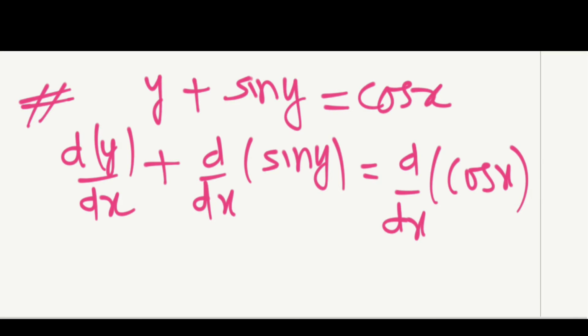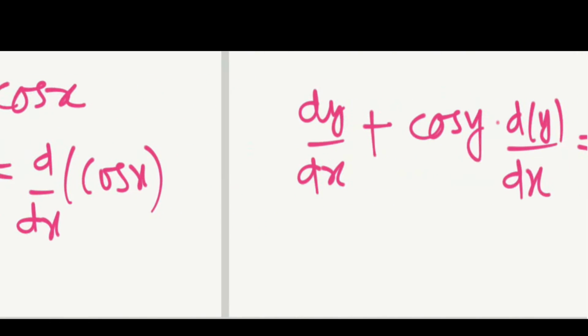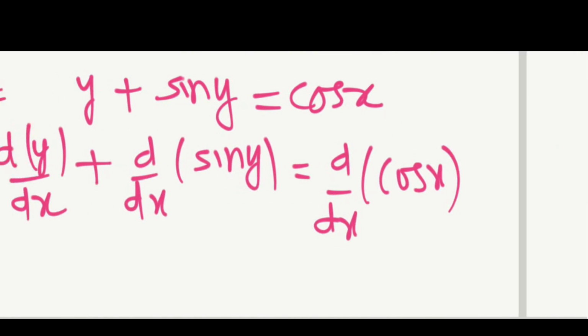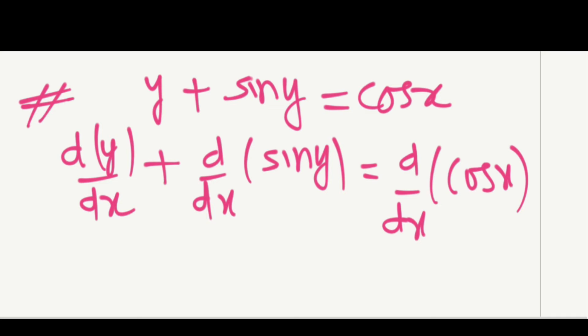So you get derivative of y with respect to x, that is dy by dx, plus derivative of sin y with respect to x, that is d/dx of sin y, equals derivative of cos x with respect to x, that is d/dx of cos x. Now dy upon dx as it is, plus derivative of sin y.